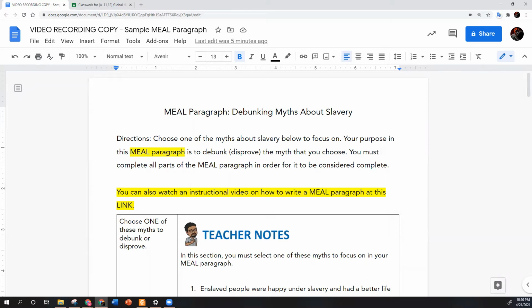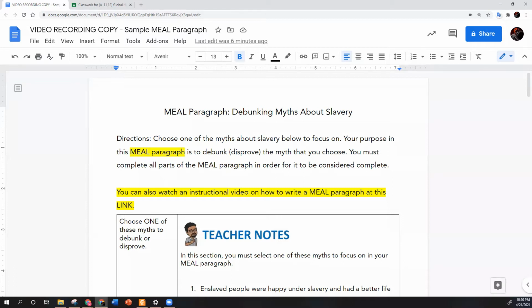MEAL paragraphs are important because you're going to be using them a lot at ICHS. You'll be expected to write MEAL paragraphs in 11th and 12th grade. A lot of your PBAT projects and your different classes will require you to write MEAL paragraphs.